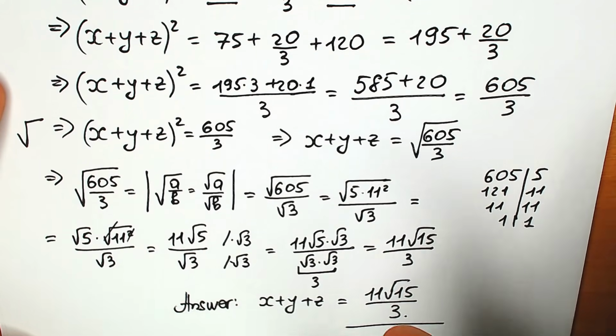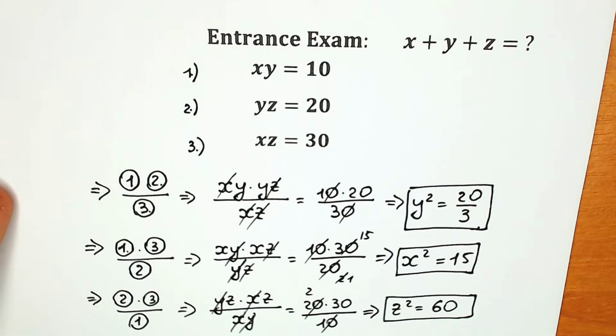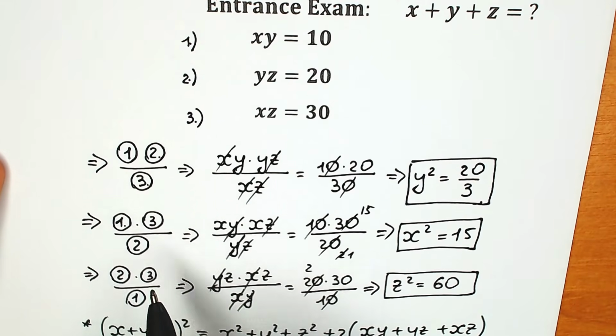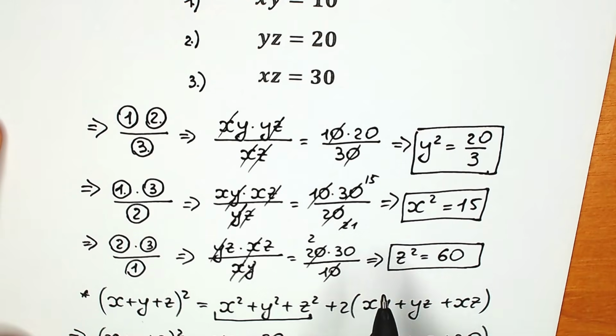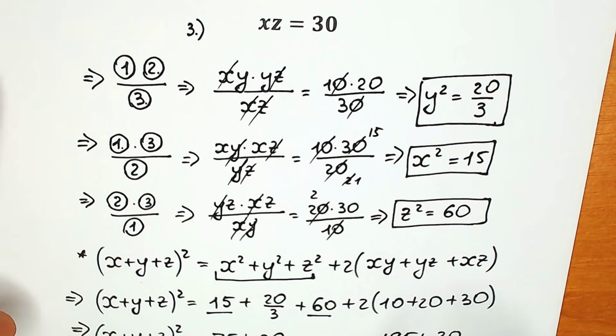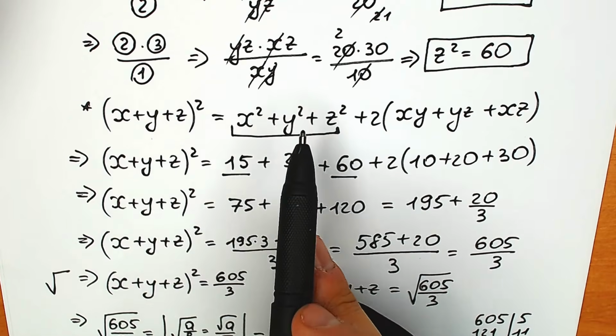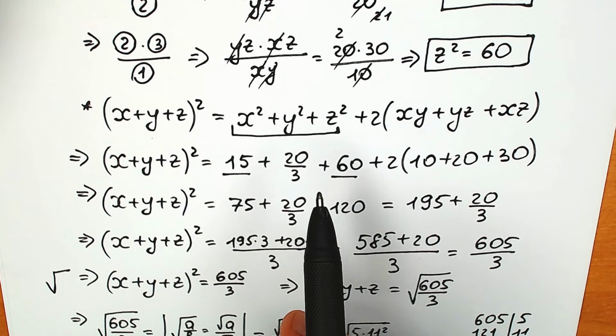Maybe you have a different one, because this is like a method of combinations. We have a lot of combinations right here, 3 combinations, and as a result we have 3 squares, and then you need to find out how we can use these expressions. I just use this formula, a basic school formula.